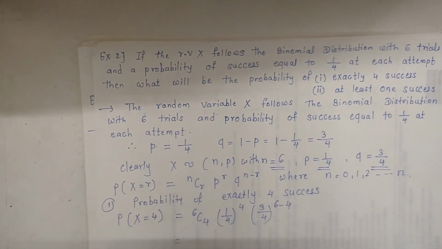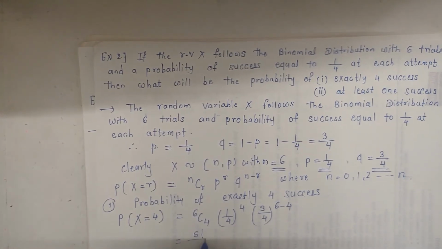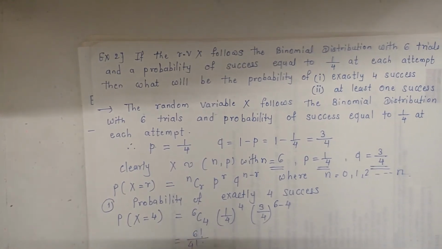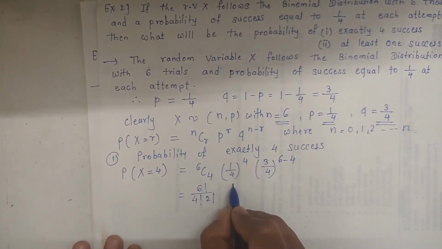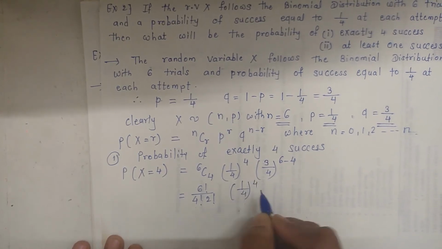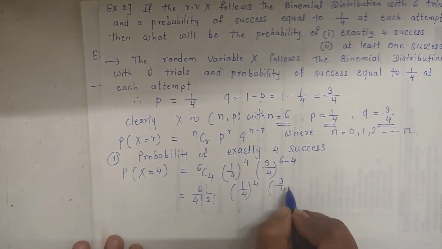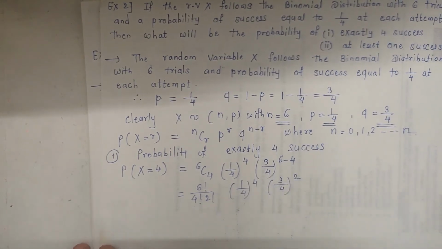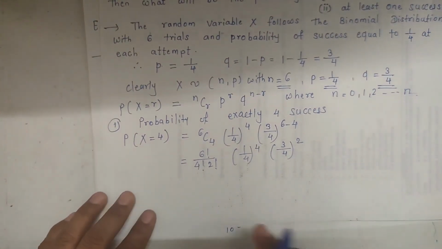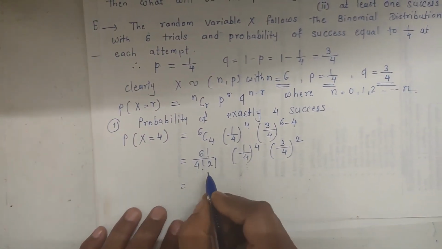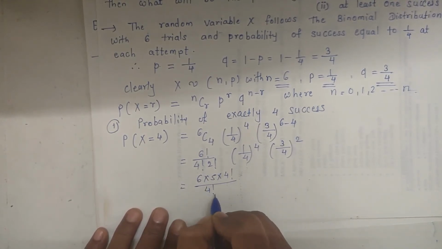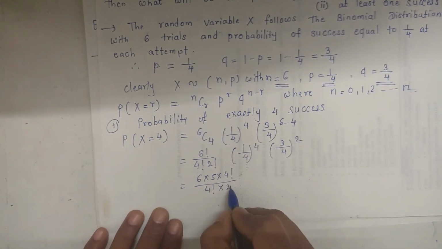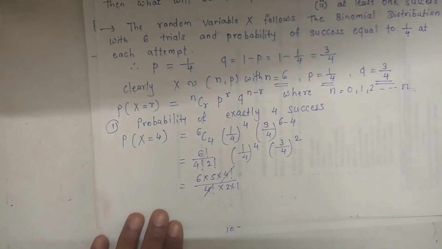Now calculating this, 6C4 is 6 factorial upon 4 factorial into 6 minus 4, 2 factorial, into 1 by 4 raised to 4 and 3 by 4 raised to 6 minus 4, that is 2. Now calculating this, 6 factorial in terms of 4 factorial, 6 into 5 into 4 factorial upon 4 factorial and 2 factorial means 2 into 1. 4 factorial will be cancelled.